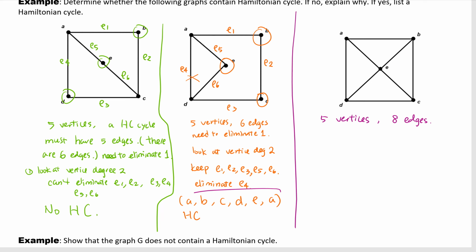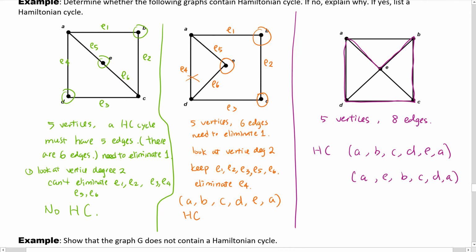We can do the Hamiltonian cycle A, B, C, D, E, A, right? Or we can find otherwise. We can do A, E, B, C, D, A. This is another one. So there are a lot of Hamiltonian cycles in this case.